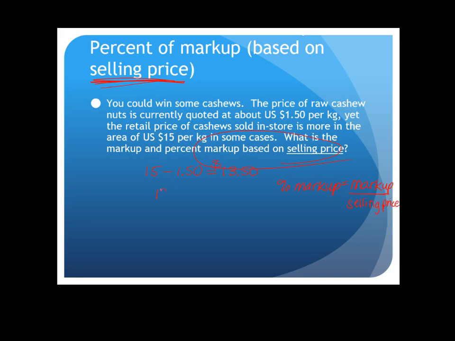Normally I would want to divide this by $1.50, I'm going to divide it by the 15 instead. And then you can multiply by 100 to get it to a percent. Okay, and if you multiply, you get 90%.